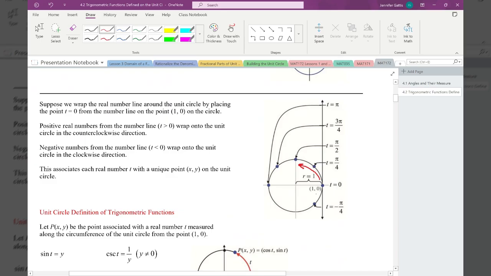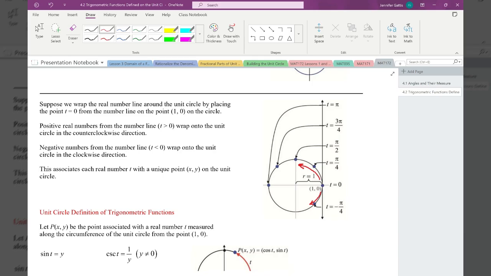And as we move in a clockwise direction, the t values are going to be negative. Okay.